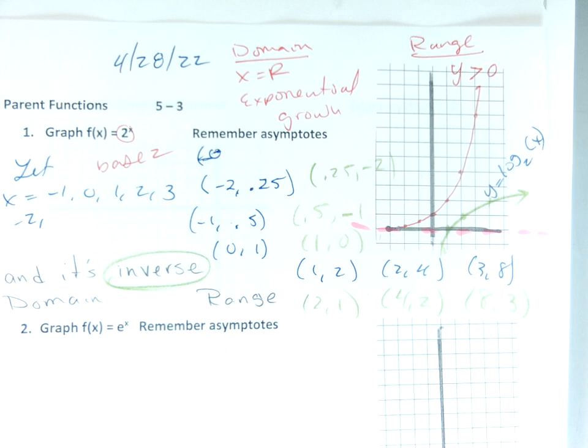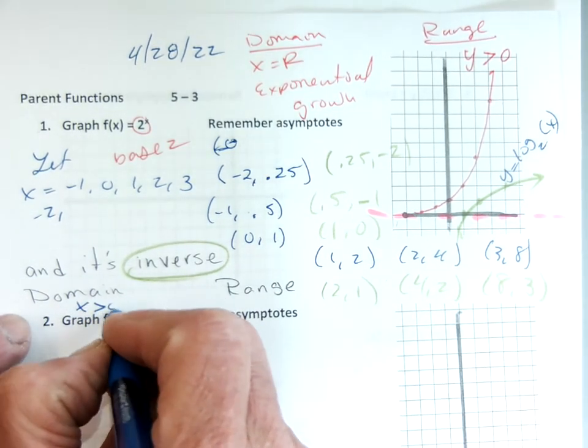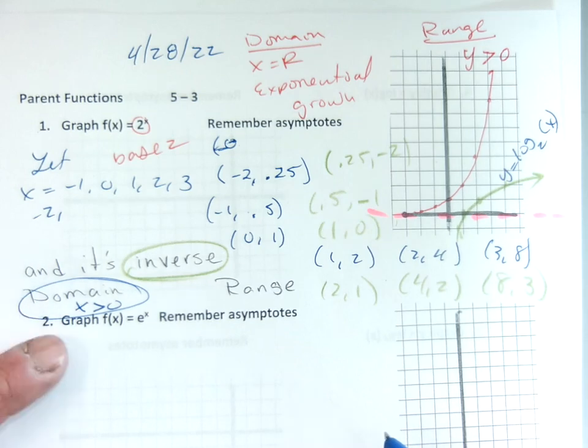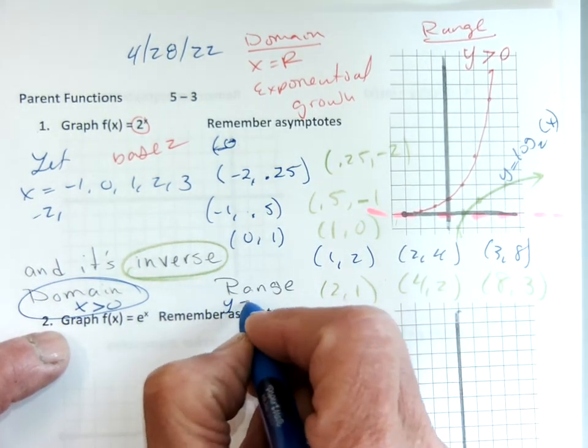Can you see that? All real numbers. And the range of the exponential becomes the domain of the inverse. So you can see for the y's, all real numbers, and for the x's, greater than 0. Okay, and you can see it from the graph as well. So domain and range switch. So the domain of its inverse is x is greater than 0. And the range is going to be simply all real numbers. Y is equal to all real numbers, okay?